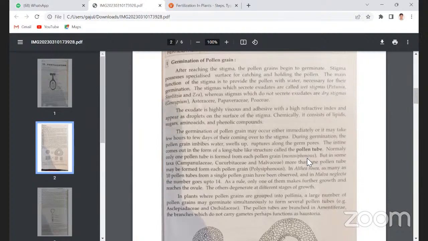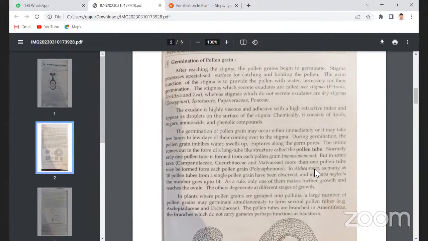These pollen tubes are monosiphonous, sometimes polysiphonous. Sometimes many pollen tubes are formed from one pollen grain, and sometimes 10 pollen tubes from a single pollen grain.